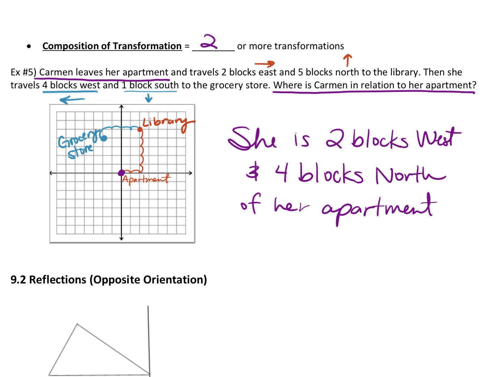We're saying in relationship to her apartment right now, she's currently 2 blocks west and 4 blocks north of her apartment. That's the common misconception: people turn it around and say to get home, she'd have to go 2 blocks east and 4 blocks south. But where is she right now in relationship to her apartment? She's 2 blocks west and 4 blocks north of her apartment.